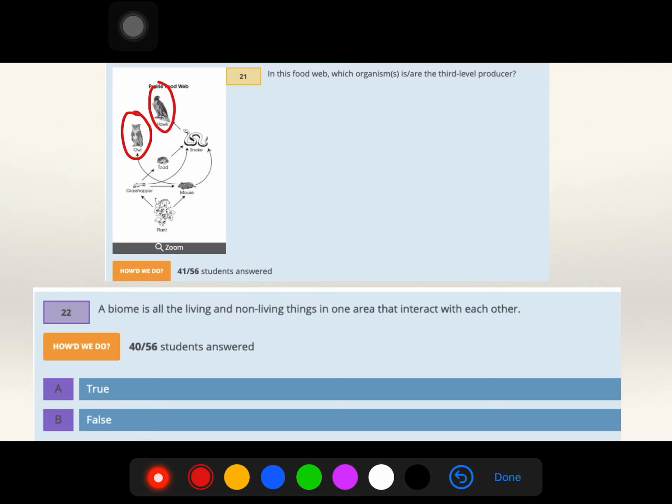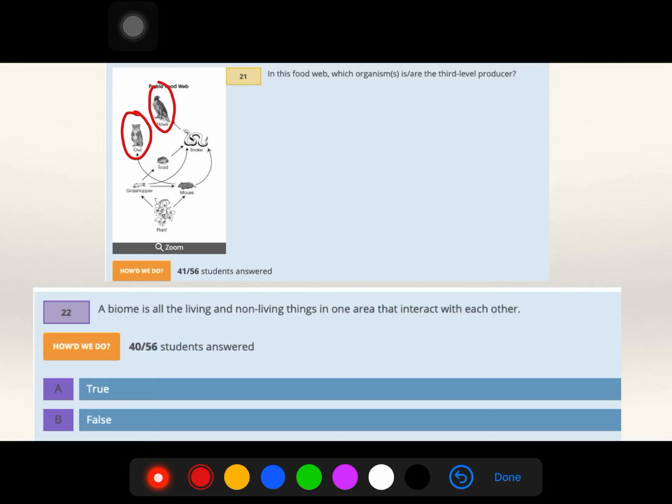And the tertiary, really, those were the only 2. But if you put snake, because you're saying there's 3 things along the way, I understand your point. But typically, because the snake is being consumed also by the hawk, we think of tertiary as end level, and that's why that was probably marked wrong.